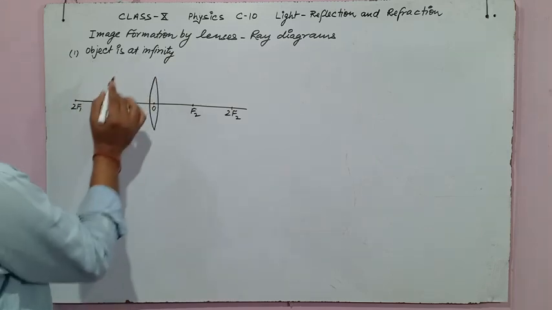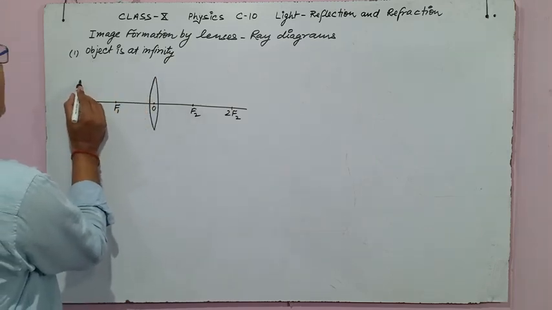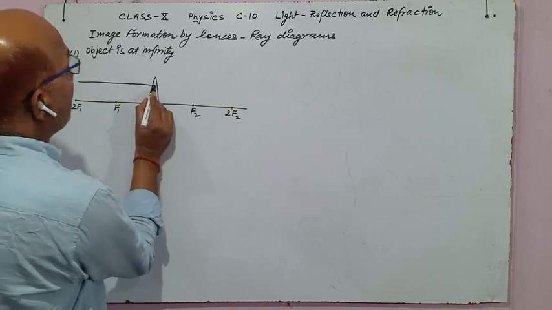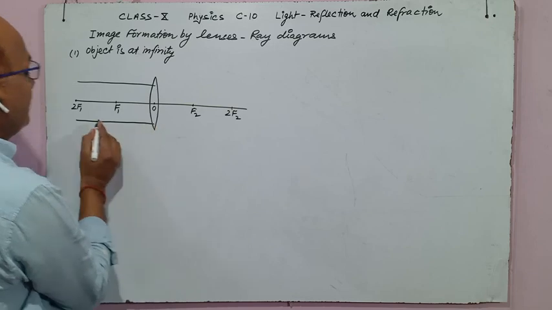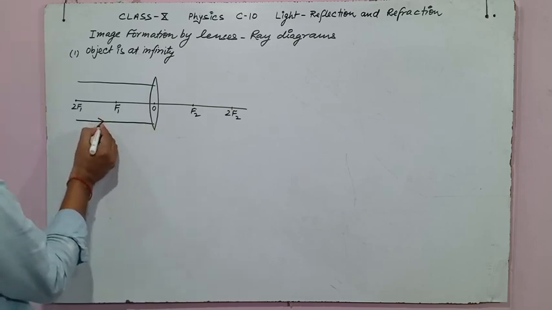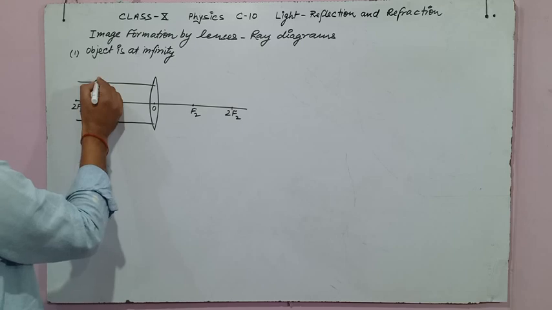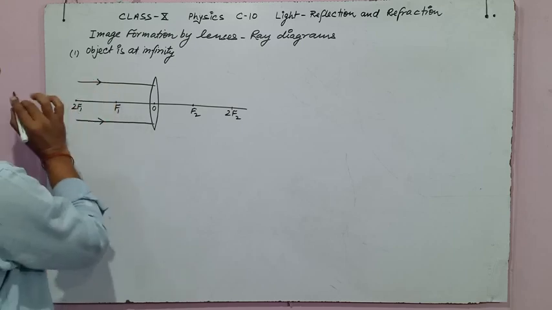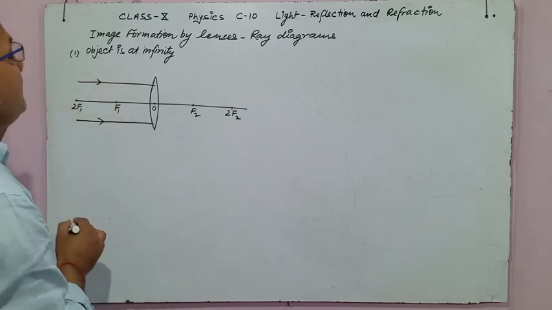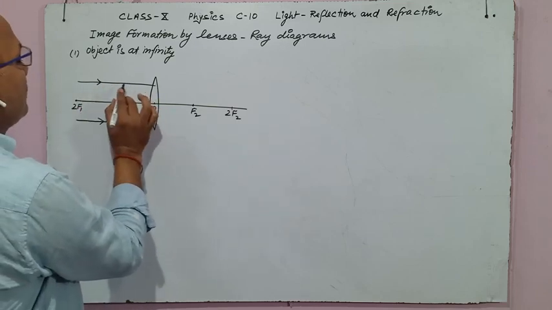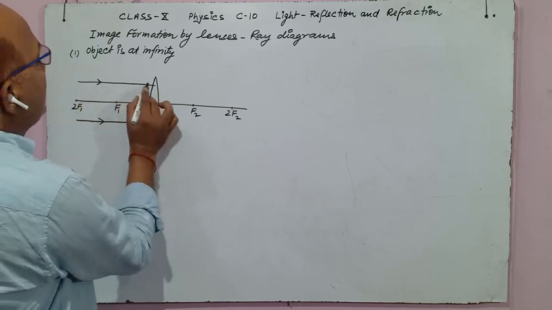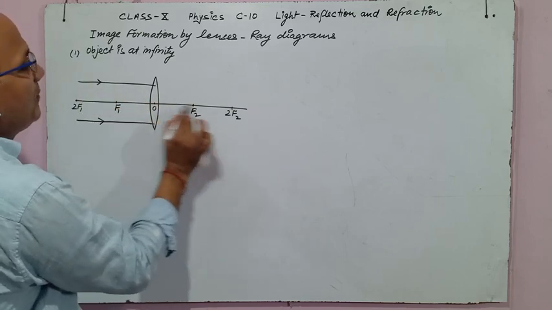So when object is at infinity, we will draw two rays coming from infinity, supposed to be parallel. One on either side of the principal axis. These are the two rays coming from object which is placed at infinity. So as you know, by applying the rule, this is a ray of light which is parallel to the principal axis.